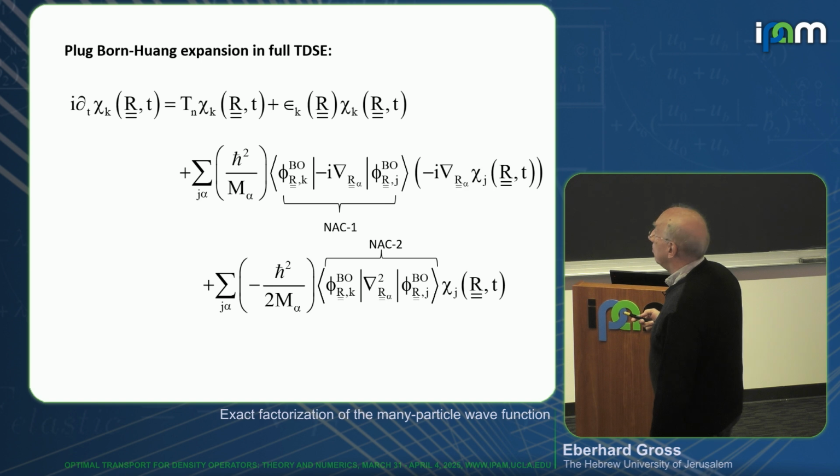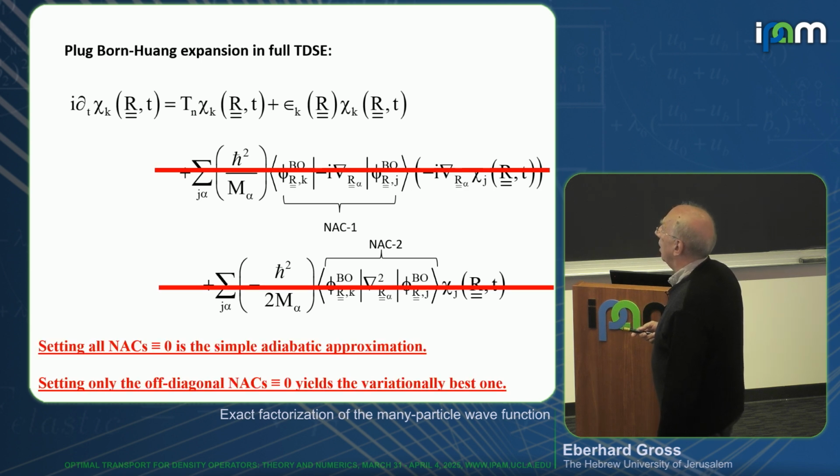And what appears here is the so-called non-adiabatic coupling matrix of first and second order. So this, with the definition that I mentioned before, is a nuclear momentum operator. It acts on the subscript, and the bracket means that we integrate out the electronic degrees of freedom.